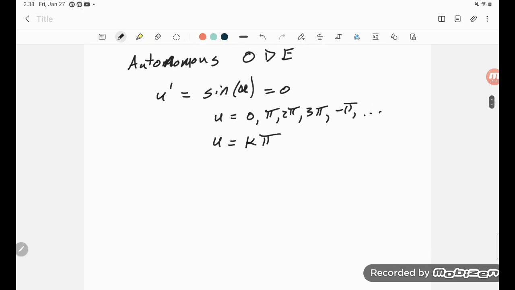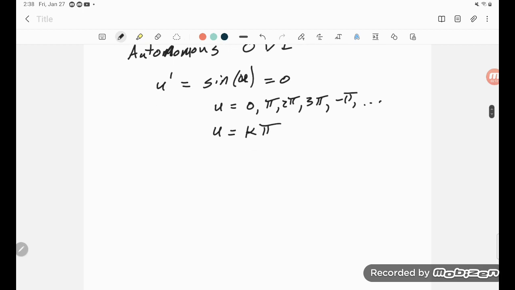And now, if I look at this and think of the sine function, well, what happens in between here? So, let's just think of it along a number line this way, and then we can turn it vertically if we wish. Here's 0, there's pi, 2 pi, 3 pi, minus pi, minus 2 pi, and so forth.